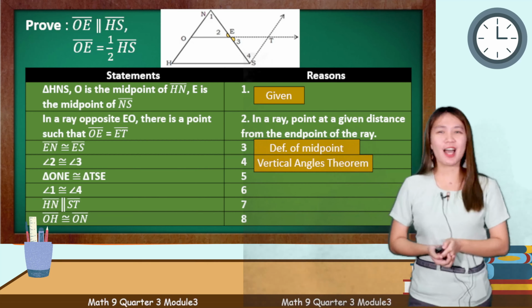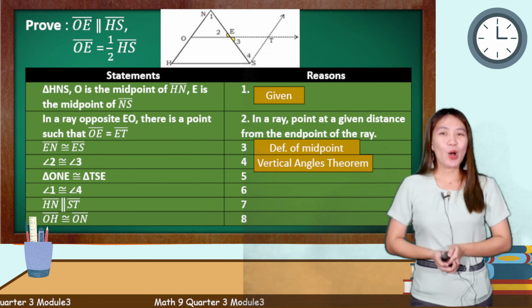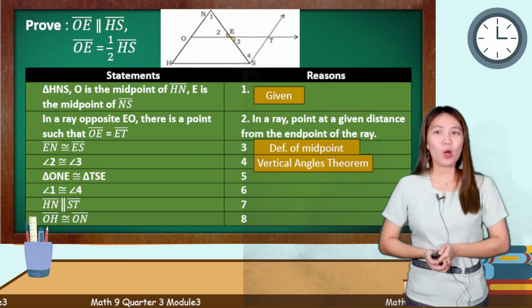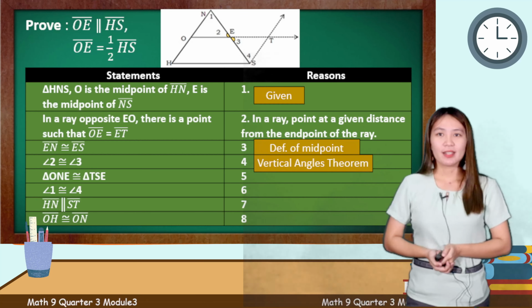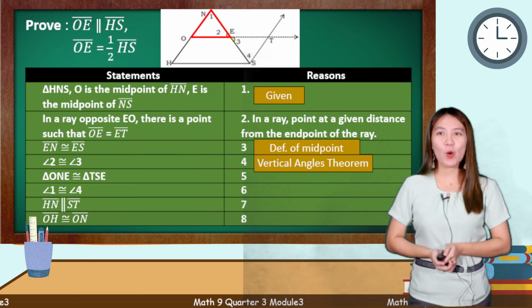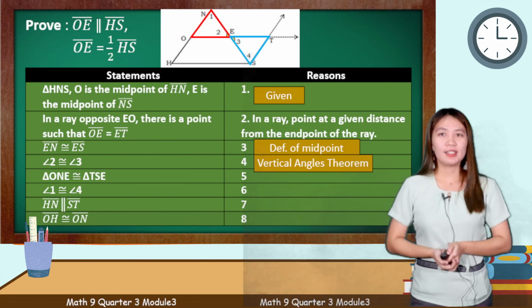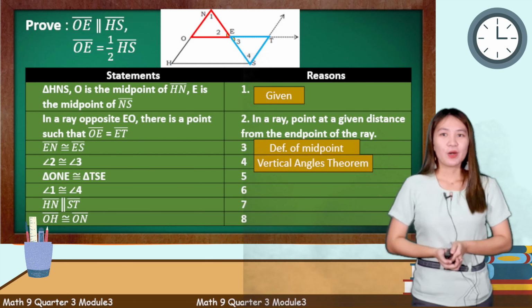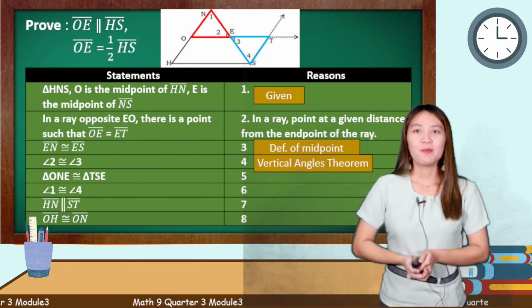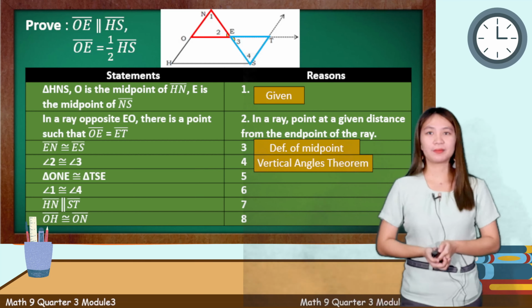That is because of vertical angles theorem. And we all know that vertical angles are always congruent. Next, statement number 5. Triangle ONE is congruent to triangle TSE. What is the reason behind that statement? Look closely at the figures.